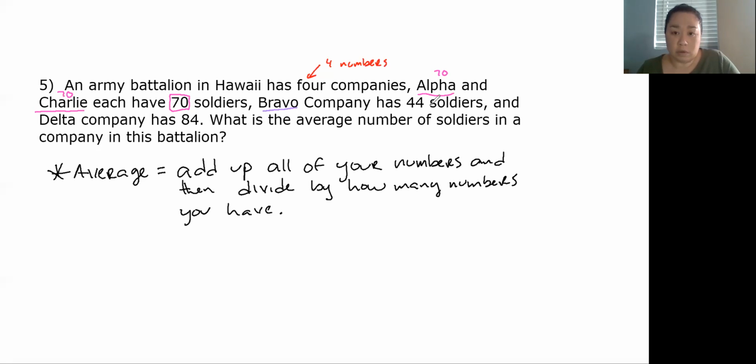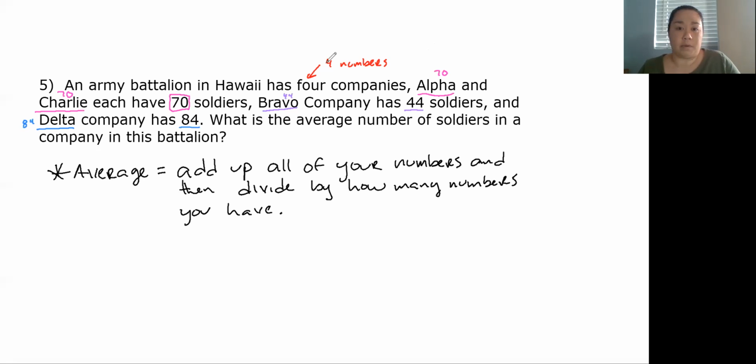Bravo has 44, right? That means there's 44 here. Delta has 84. That means that there's 84 here.